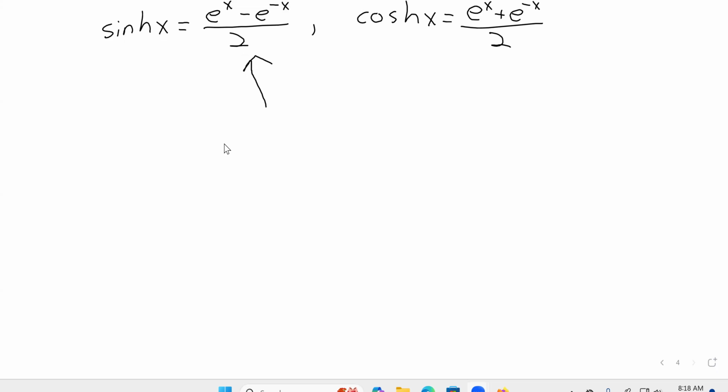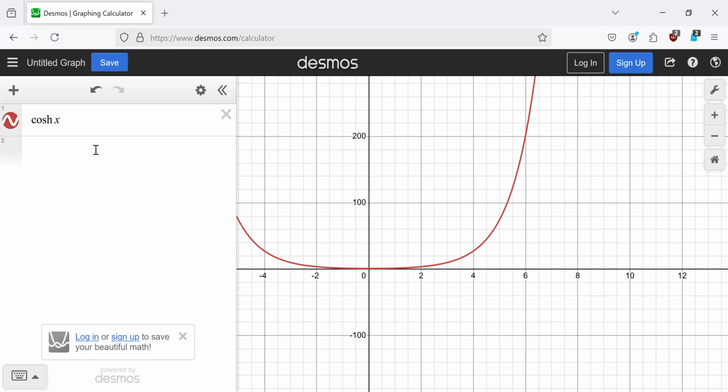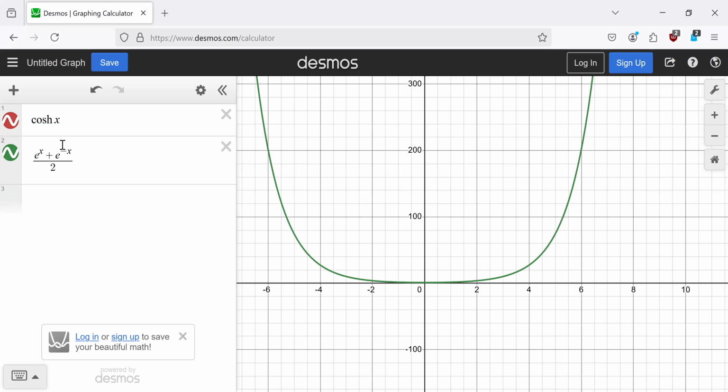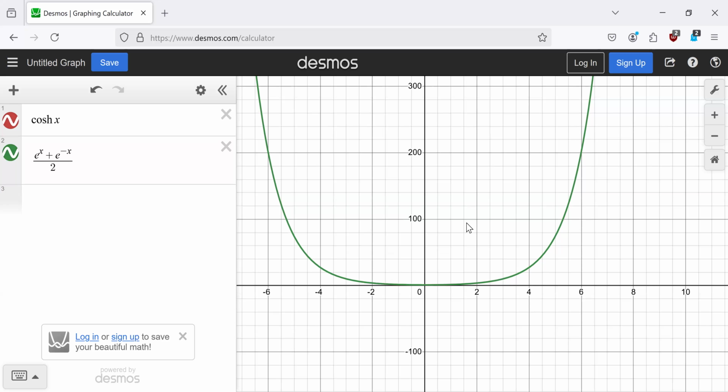And here's the hyperbolic cosine. I'm claiming that this is e to the x plus e to the negative x, all divided by 2. And we see that we do get the same graph.